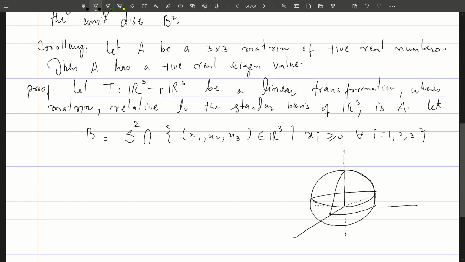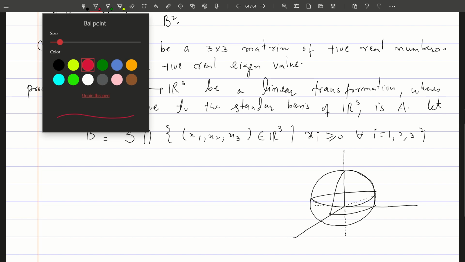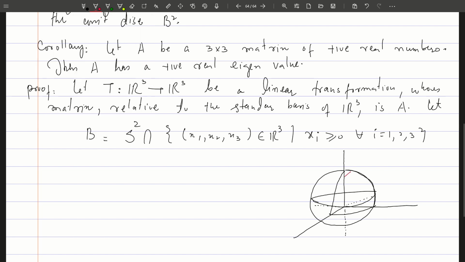So let us pick a different color here. So this B is this portion over here. So this is part of the unit ball S2. So this is the intersection of S2 with the first octant.